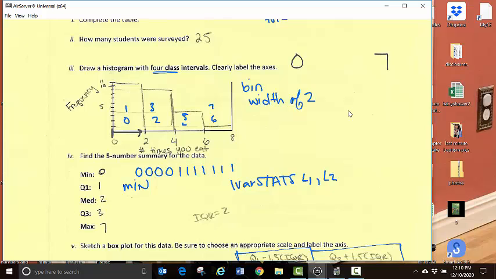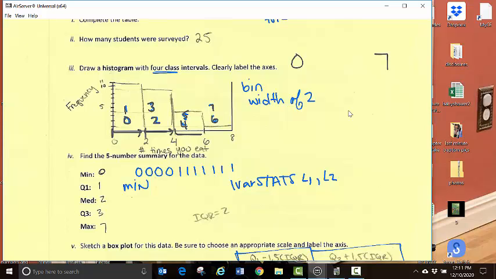So in our discrete data, zeros and ones. This would be 2 up to 3.99999999999. In other words, the numbers 2 and 3. From here to here is 4 and 5, and from here to here is 6 and 7.